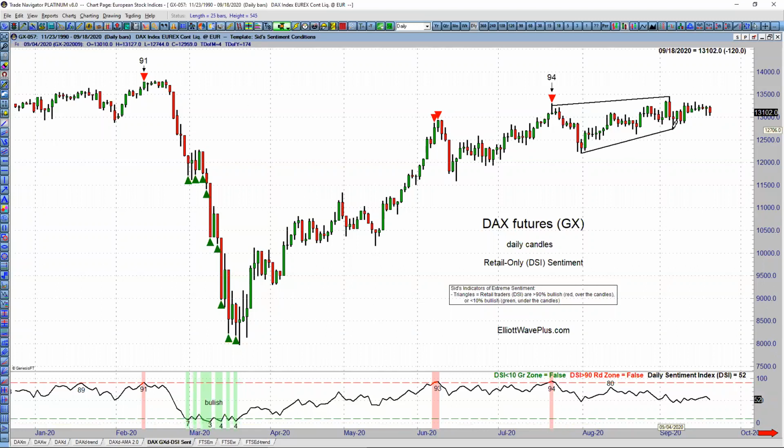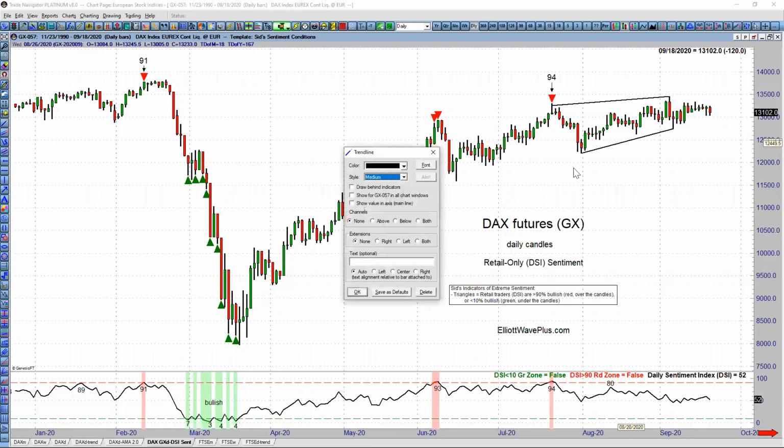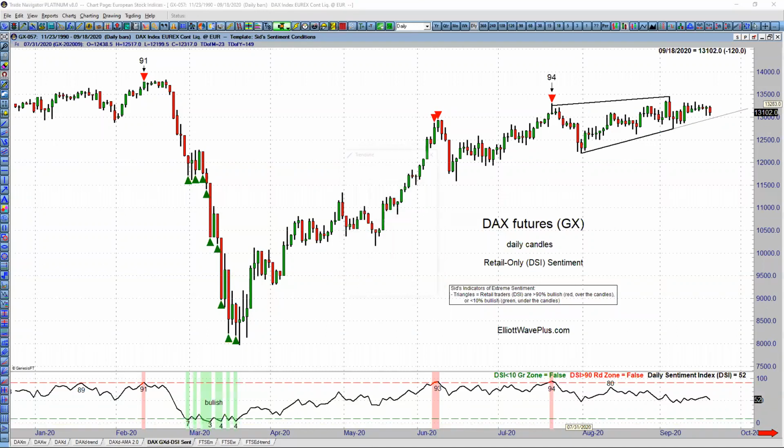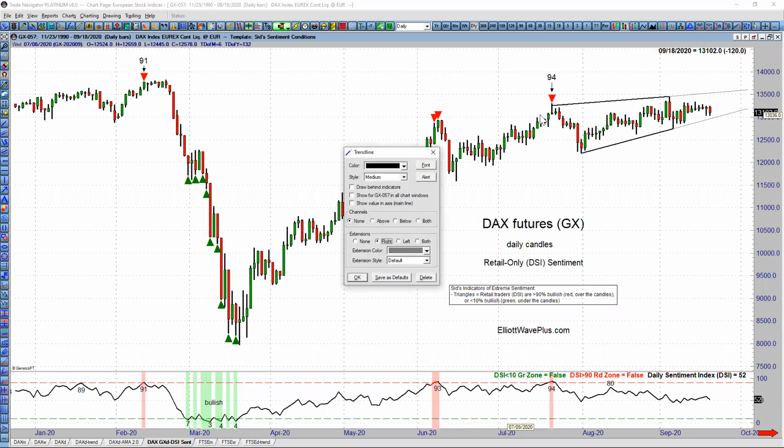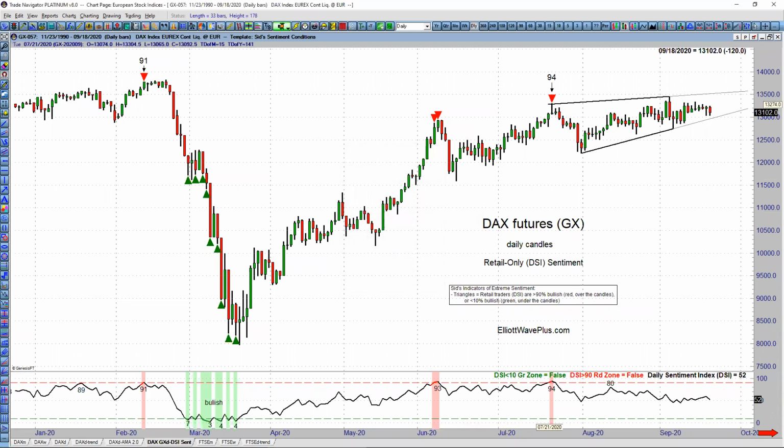My Elliott Wave eyes happen to see a potential pattern here. If this is a wave 4, then this would be 1 of a diagonal, 2 of a diagonal, 3 of a diagonal, 4 of a diagonal, 5 in truncation here, or maybe usually you get a throw-over, but maybe it can't.